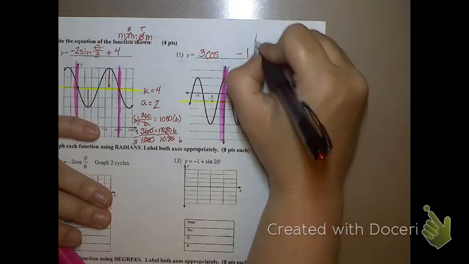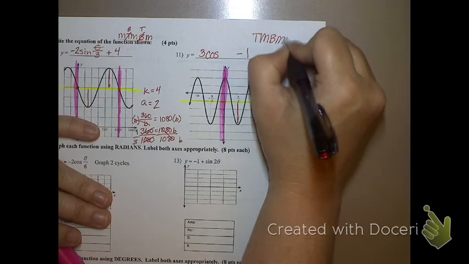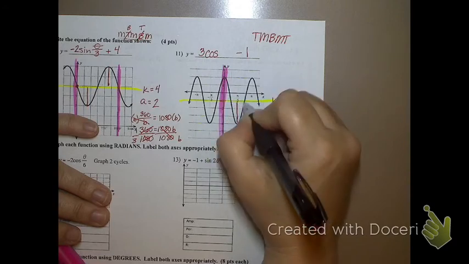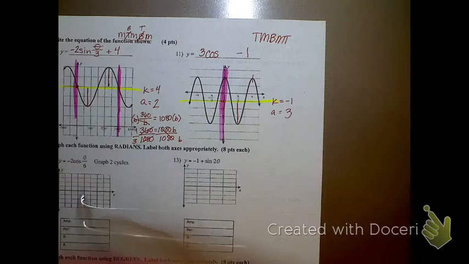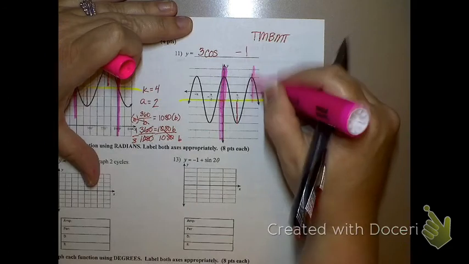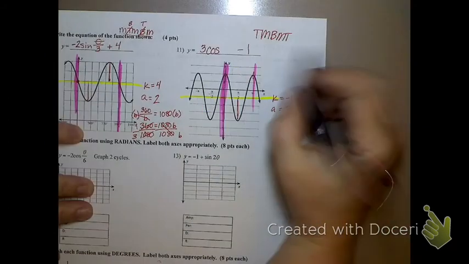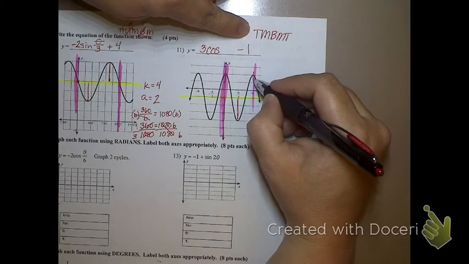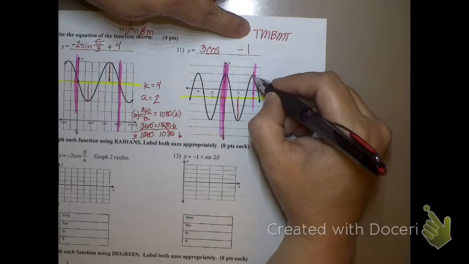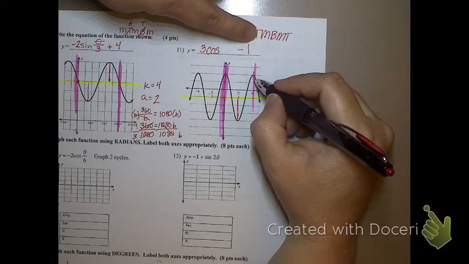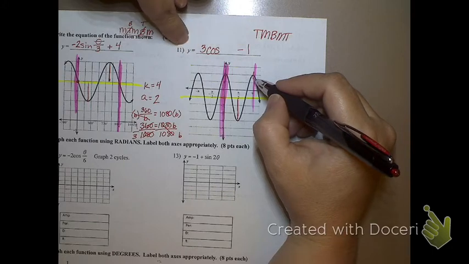So top, middle, bottom, middle, top. Top, middle, bottom, middle, top. That's the end of one period. Is it following this pattern or is it reversing the T's and the B's? It's following that pattern so the 3 can stay positive. If it was starting at the bottom, then it would be a negative 3.